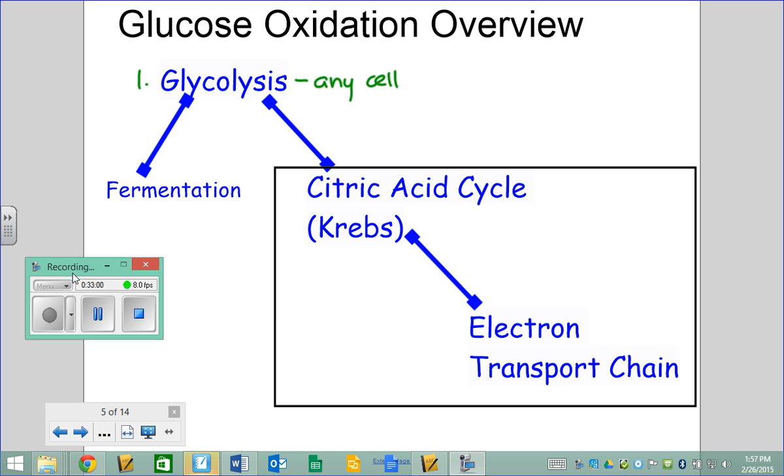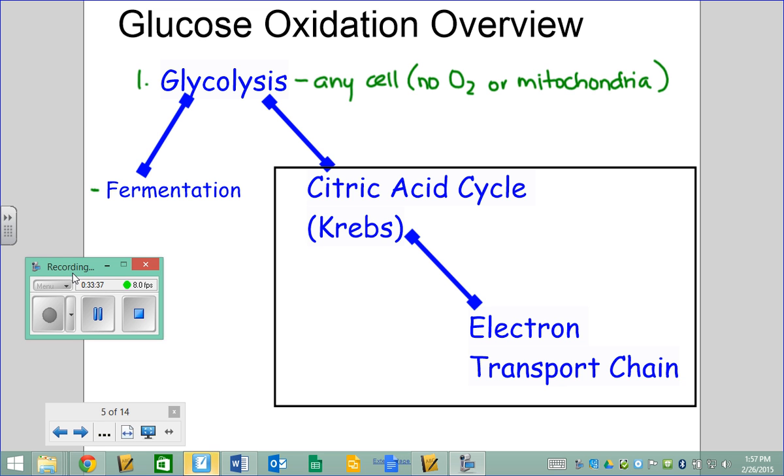This is the part that any cell can accomplish. So because oxygen and mitochondria are not required for that part, any cell can accomplish this. Now when fermentation is occurring, it happens after glycolysis. So that's why I put it over here on the side.